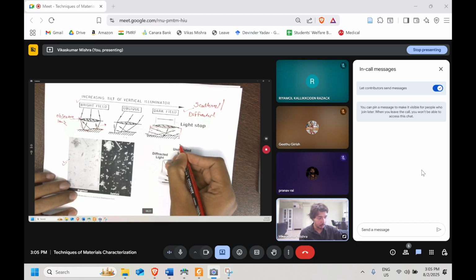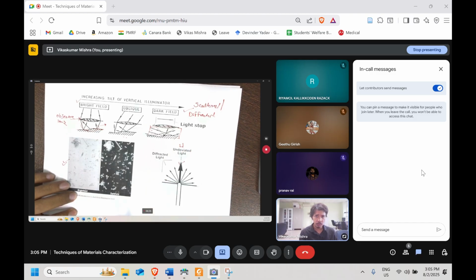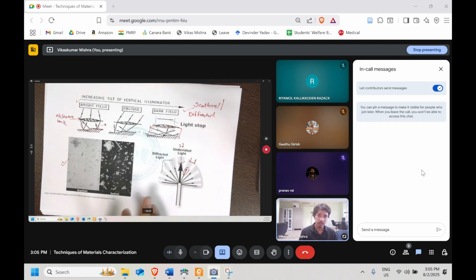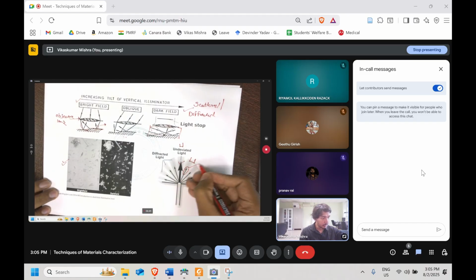Let's say I keep my objective lens over here, so I will see the direct beam. Now I tilt my objective lens and keep it over here. Now what I am seeing is the ray which is diffracted in a different direction. And who is diffracting it? It's mostly the grain boundary, the surfaces which are uneven. So this light is carrying the information.